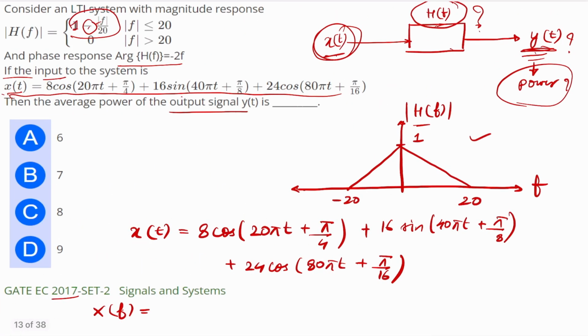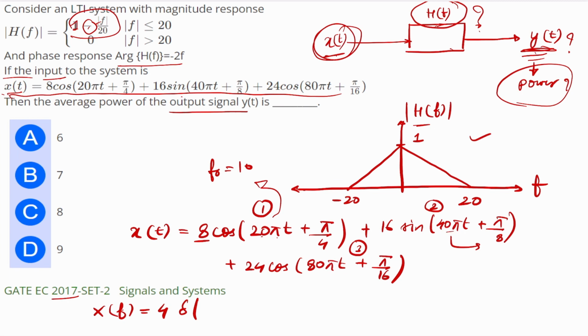So for the first, second, and third functions, we have to write out the Fourier transforms. It will become 8/2, that is 4 [delta(f + 10) + delta(f - 10)], since the frequency f naught here is equal to 10.